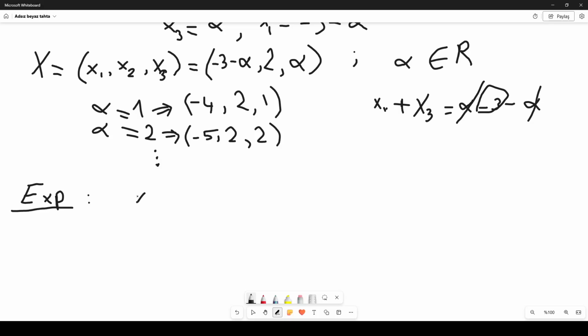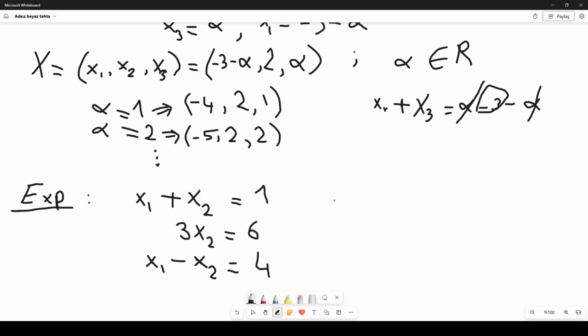Let's make up some equations and values. Say x1 plus x2 is equal to 1, and 3x2 is equal to, say, 6, and x1 minus x2 is equal to, say, 4.